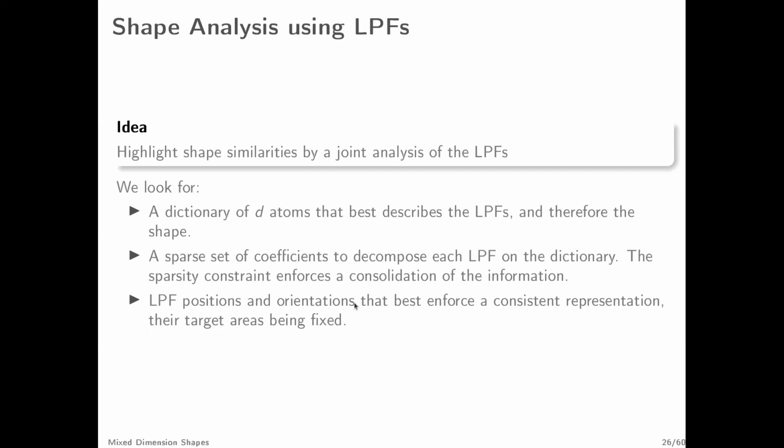We look for a small dictionary of atoms and a sparse set of coefficients. And what is new and challenging here is that we will also try to adjust the positions and the orientations of these vector fields to enforce a consistent representation.